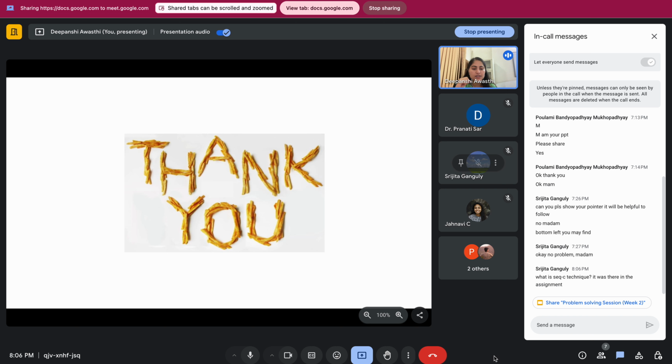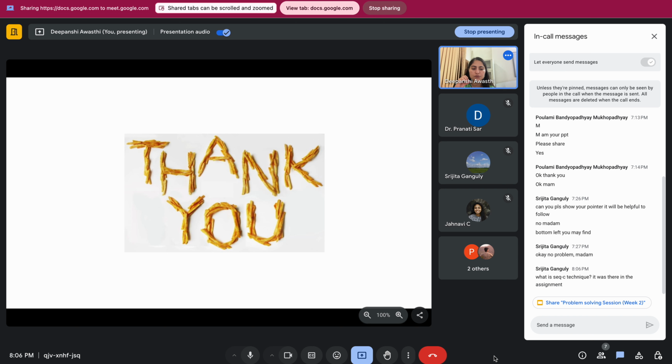Actually, I was also going through your assignment, and I came across "sexy". There is no such technique as sexy. There is a technique called DNA capture seq, but sexy is not any technique which I have seen anywhere. So I cannot comment on it, because even if you search anywhere, you won't be able to find it. I'm confused. If they have written capture sequencing, then it also comes under Hi-C, but otherwise there is no such term.